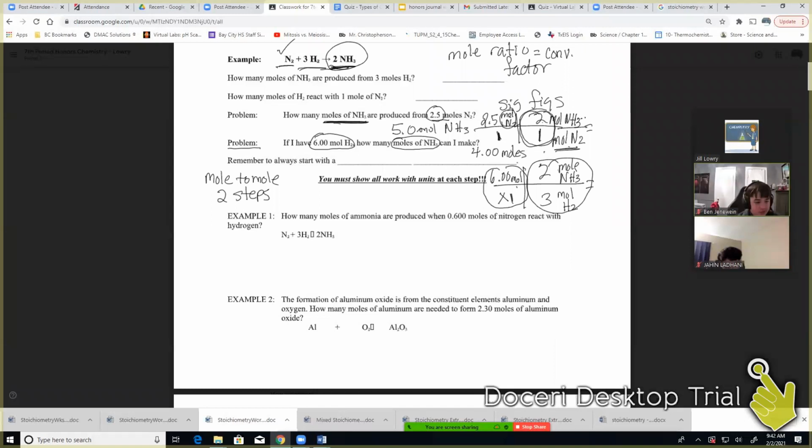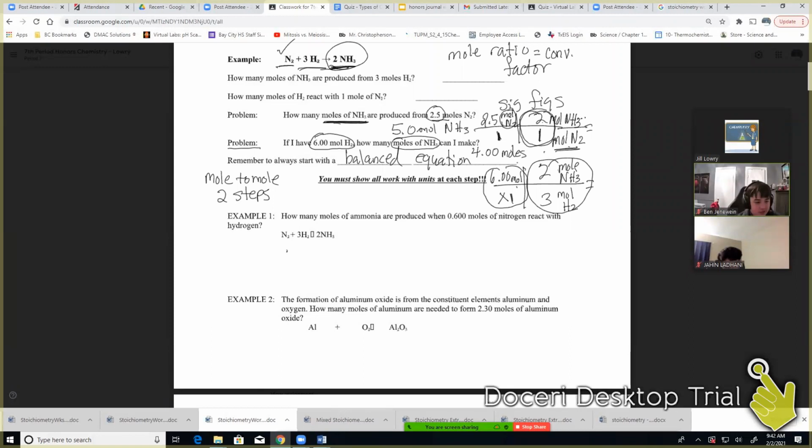And now I have a different, no, still the same reaction, just on a different problem. Always remember to start with a balanced equation. I think that's about the third time it says that on these notes. So it's really important to balance your equation. And like I said, just because I give you an equation, don't assume it's balanced.